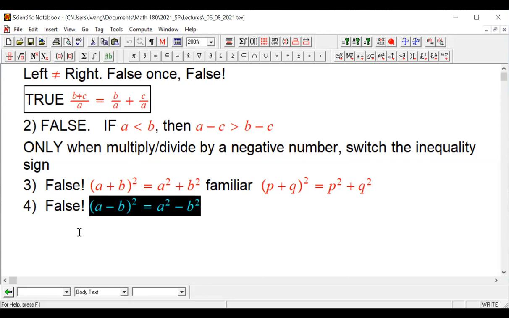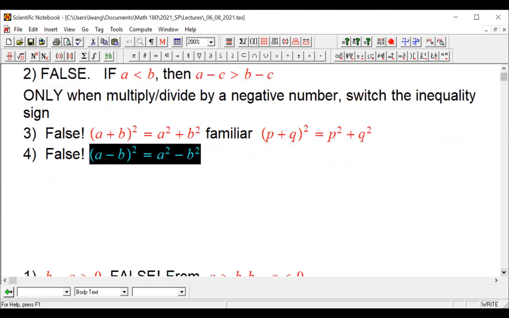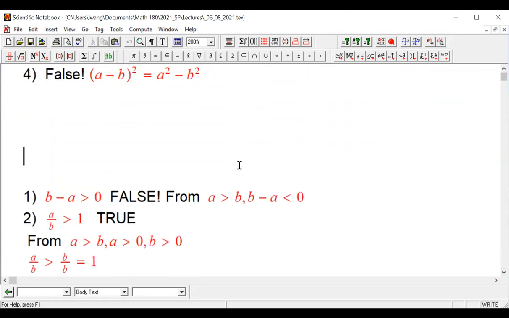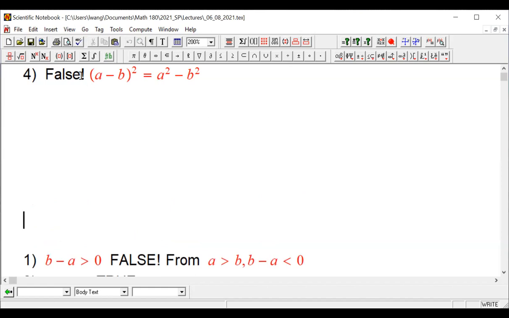particularly tricky. There are two different ways to demonstrate the falsehood of this statement. For example, if you look at the right-hand side, which is a squared minus b squared, if you factor, you get a plus b times a minus b.